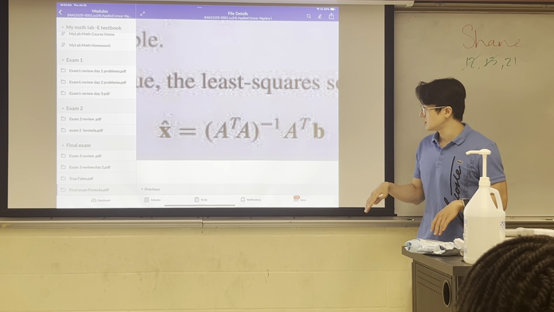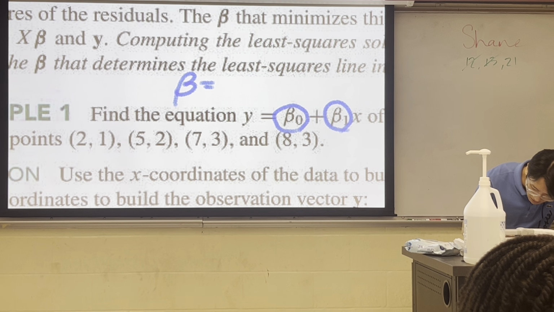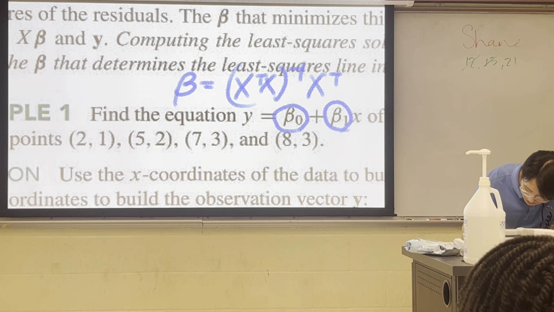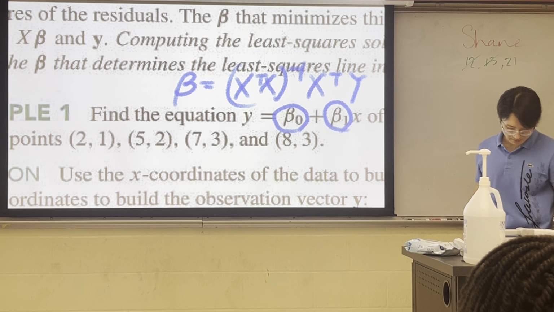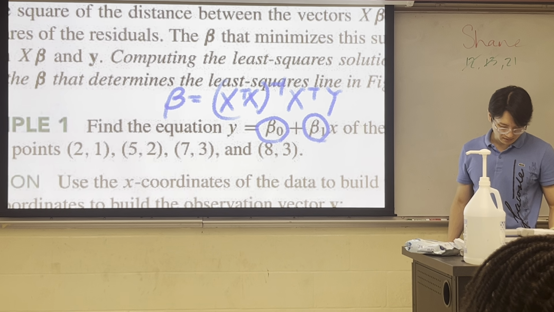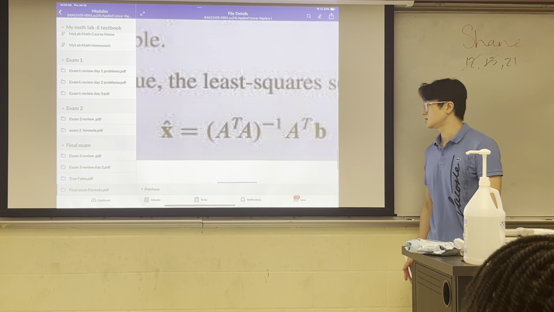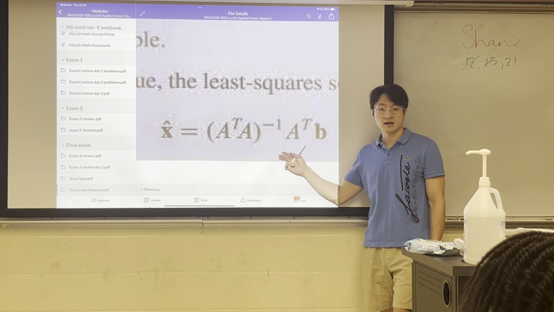You should know. And you can use this. So basically, beta is (x transpose x) inverse x transpose y. So this is an indirect hint for you to use for finding beta. Okay.